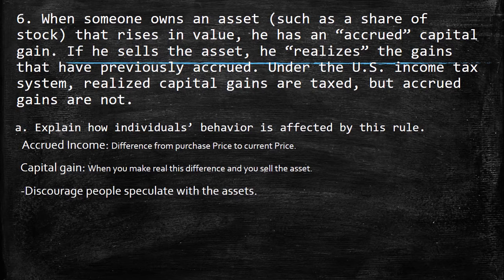Then, how does this rule affect behavior? In the first instance, it discourages people from speculating with assets, because when you buy and sell on the same day, you are not thinking only about the gain from purchasing and selling, but you also need to take into account the cost of the transaction, including the tax.